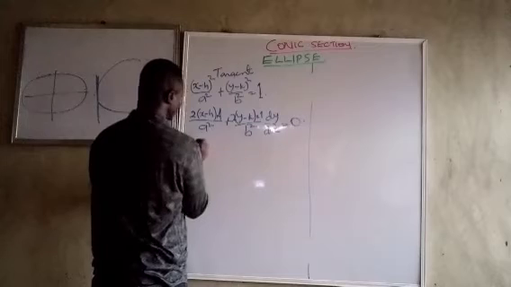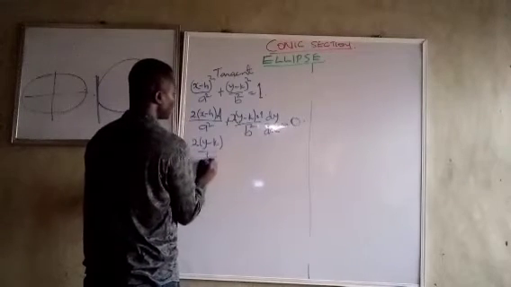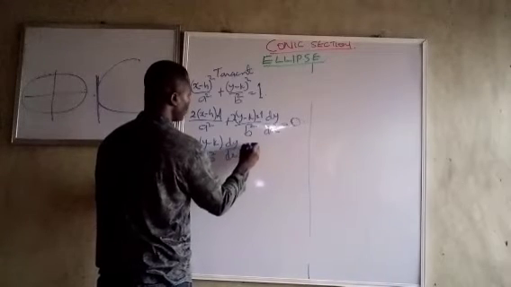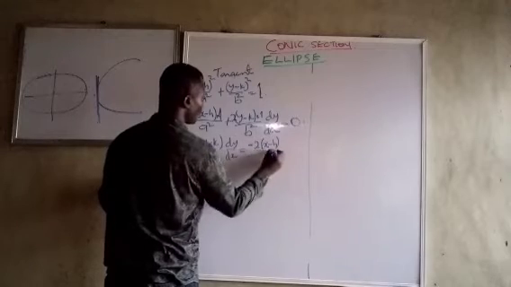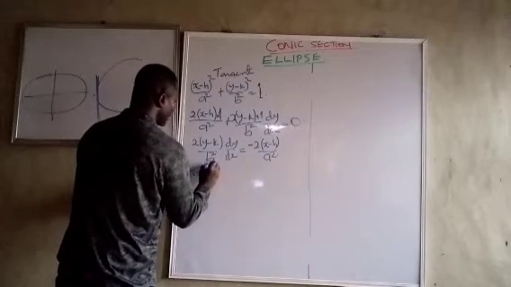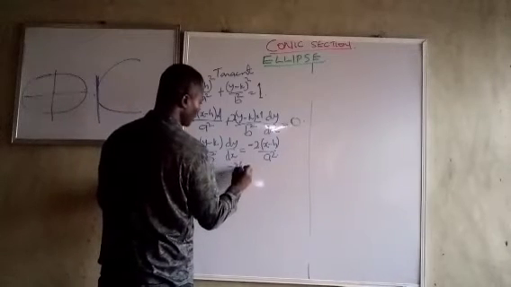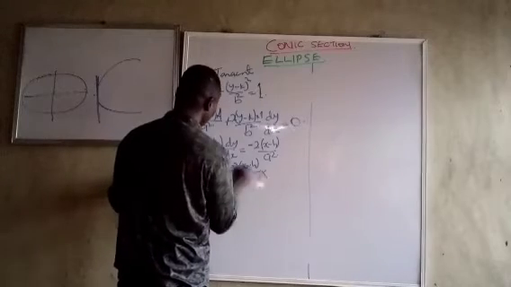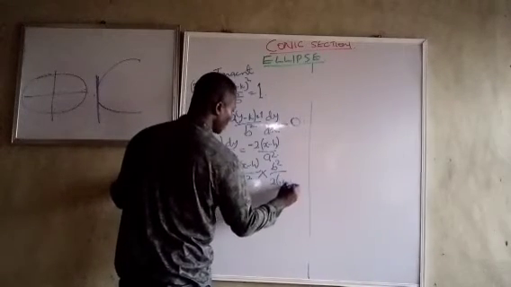So I have 2 into y minus k over b squared dy dx is equal to minus 2 into x minus h over a squared. So n, that is dy dx, is going to be minus 2 into x minus h over a squared times b squared over 2 into y minus k.